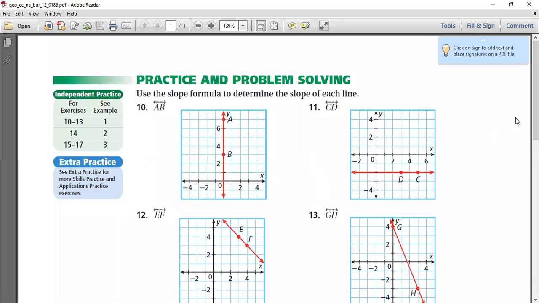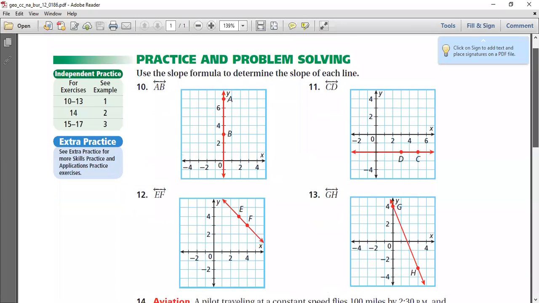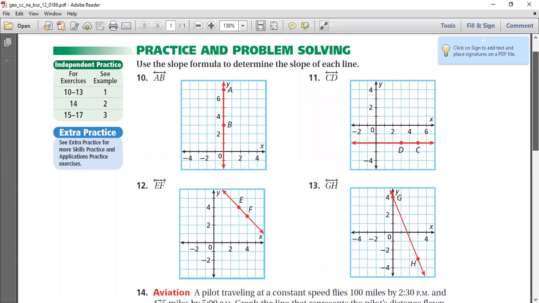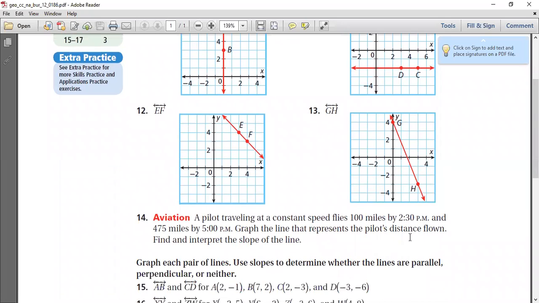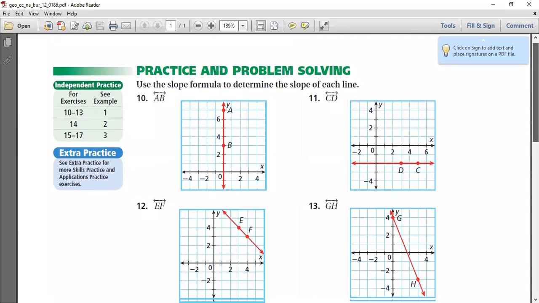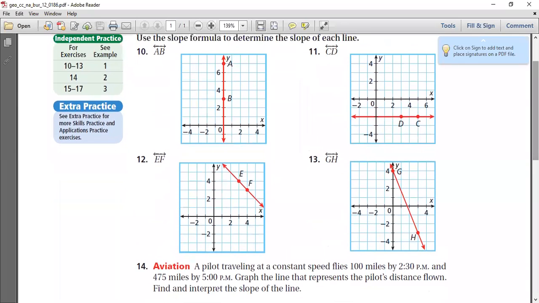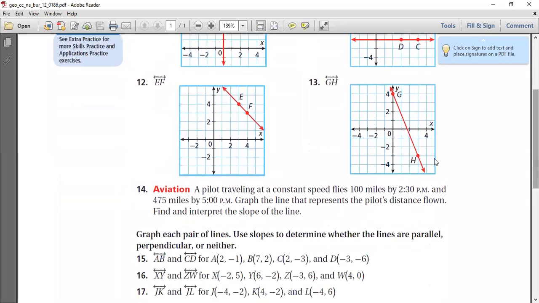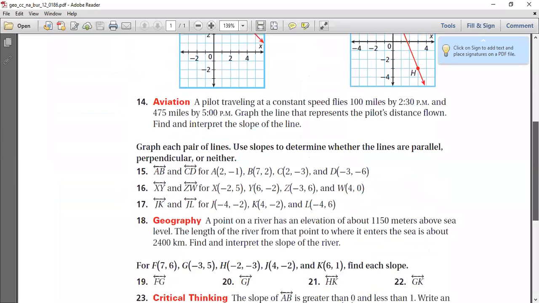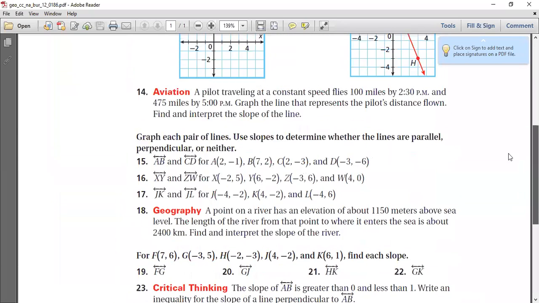I want you to do question number 10, 11, 12, 13, and question number 14 by yourself. It's very easy, girls. I'm 100% sure you will not even take 5 minutes to do these 5 questions. So do questions 10, 11, 12, 13, and 14. This is all on page 186.